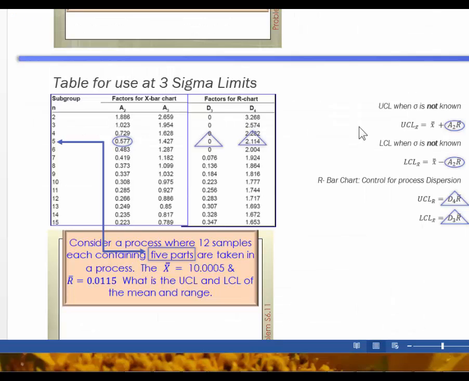So I need to get my D3 and D4 factor from here for an n of 9. So I'm going to come across here and I'll see that this is 0.184 for my D3 factor, and for my D4 factor I've got 1.816. So we'll go back down here.